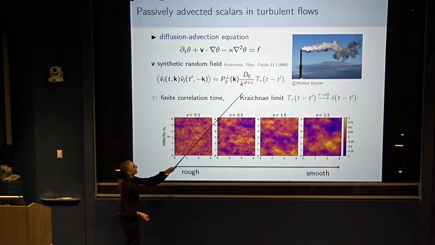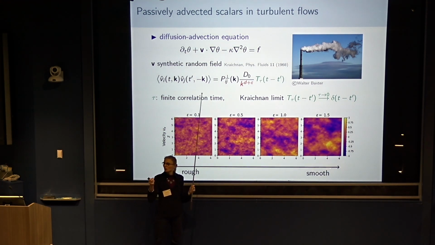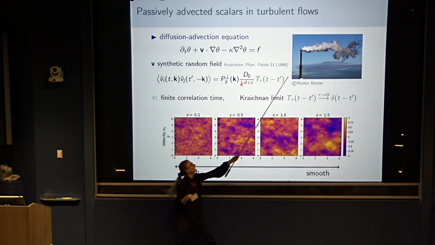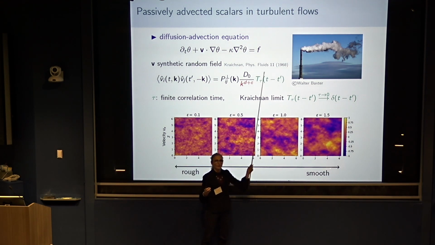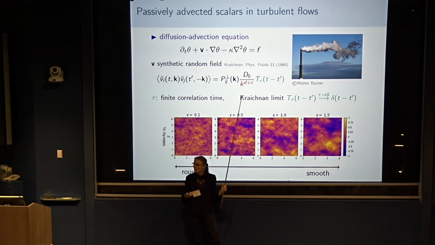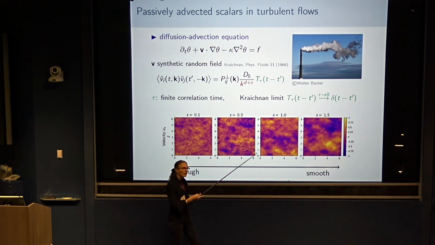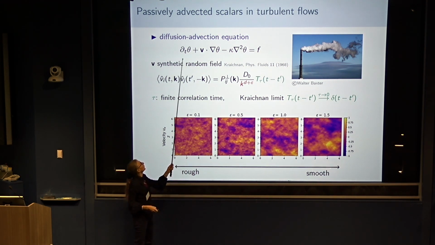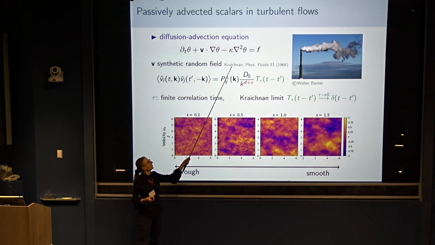So passive scalar means a scalar, which could be temperature or some particle, like a cloud of smoke or salinity or whatever, transported by a turbulent flow. This kind of particle satisfies an advection-diffusion equation. We studied that when V is a Navier-Stokes field, but it's also interesting to study when V is a synthetic random field, which is really the spirit of the Kraichnan model.